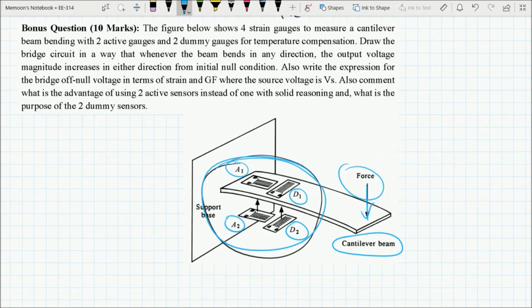Let's revise the few major points to keep in mind while designing the signal conditioning circuits of our resistive sensors. Number one, we have to see whether the change in resistance is small or large due to the change in parameter.